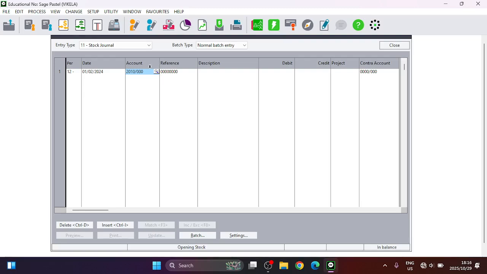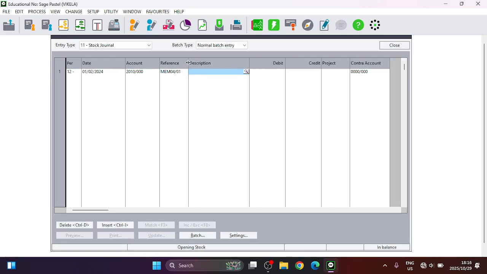Hence, I am debiting opening stock. And the reference there will be the reference of the memo that's stated in the question paper, or adjustment reference number. For simplicity, let's call it MEM 04/01.